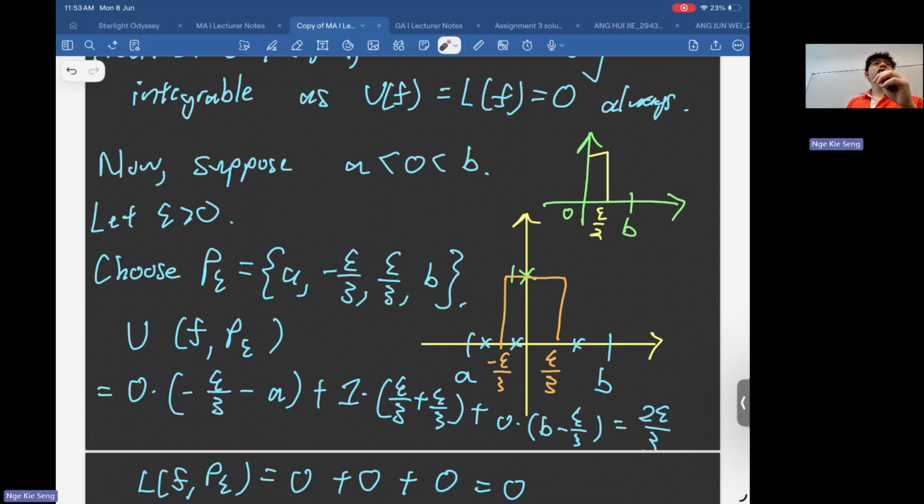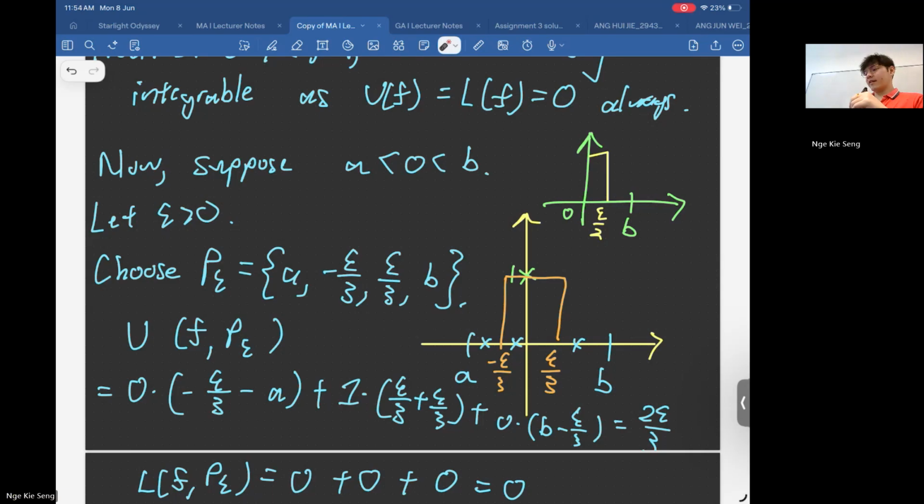This is the formula, depending on your partition. What you can change is the partition. You need to choose a partition such that the sup and inf make sense and you can compute what you want.